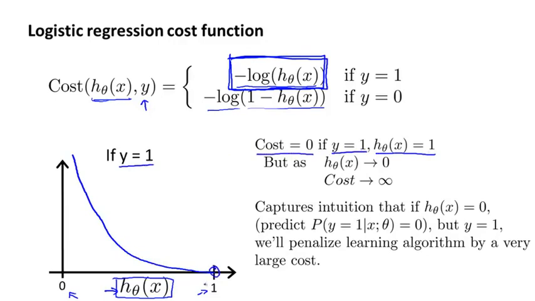That corresponds to this point down here, right? If h of x is equal to 1, and we're only considering the case that y equals 1 here, then the cost is down here, equal to 0.